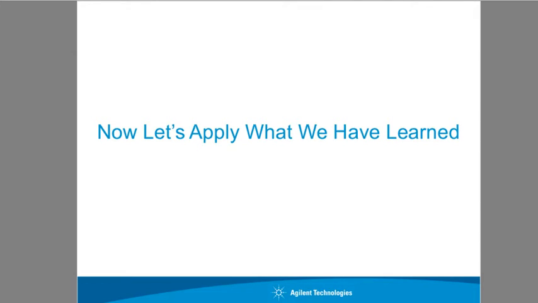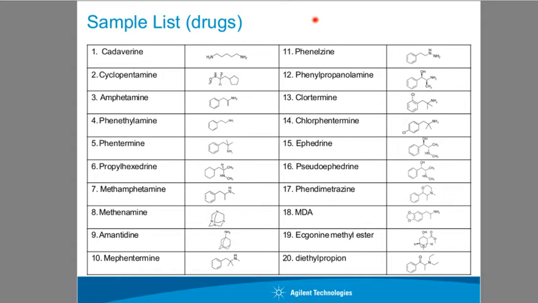So now we're going to take all these different components that we talked about and try to employ them and get some resolution between a sample. For this little exercise, we're going to look at 20 different drugs. Primary, secondary, tertiary amines. They have a phenyl character to them in most instances.